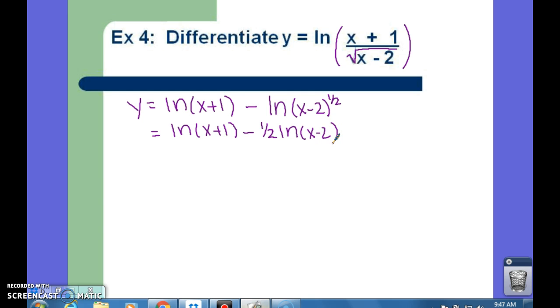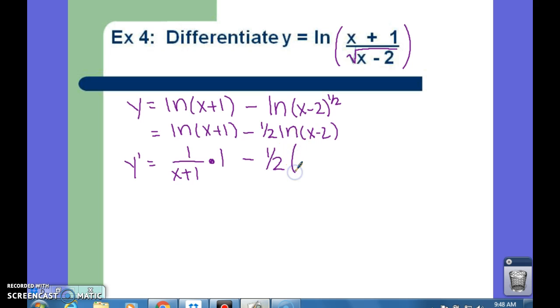So now you just apply your rules. Here it's natural log of x plus 1. So the derivative says 1 over the inside stuff, so it'd be 1 over x plus 1, times the derivative of x plus 1, so the derivative of x is 1. Minus, remember this is like a coefficient, so that 1/2 tags along, because if you did the product rule, it would zero out anyways.